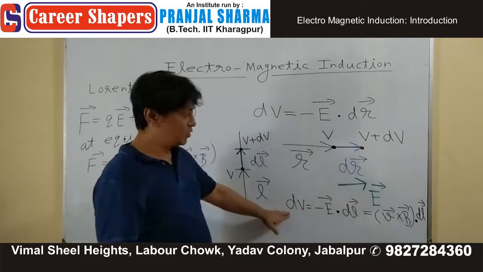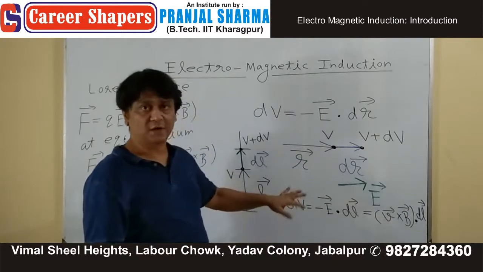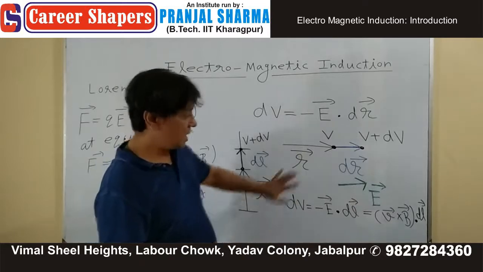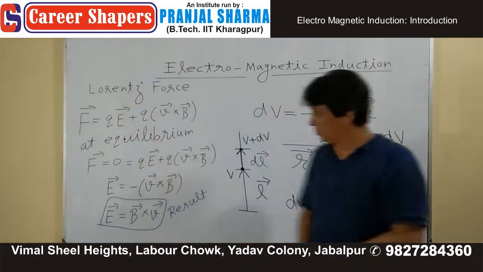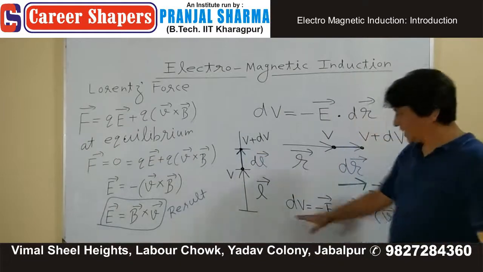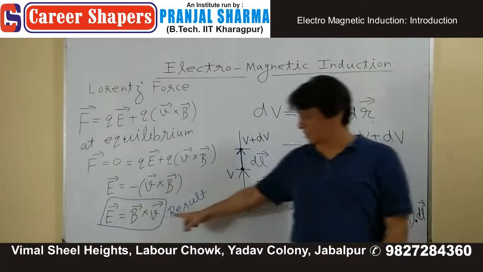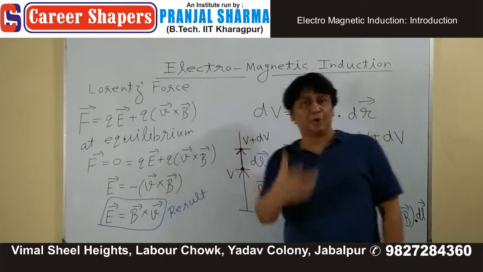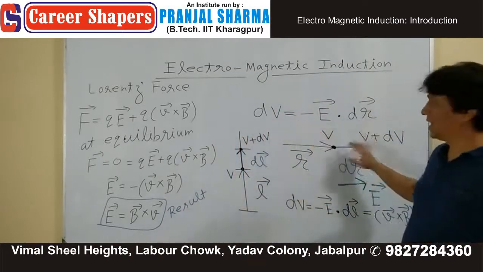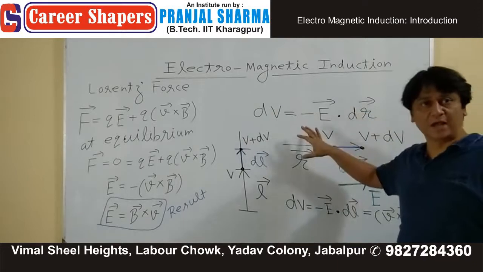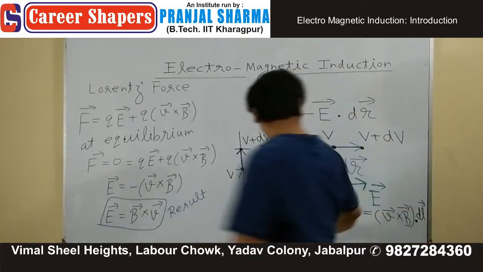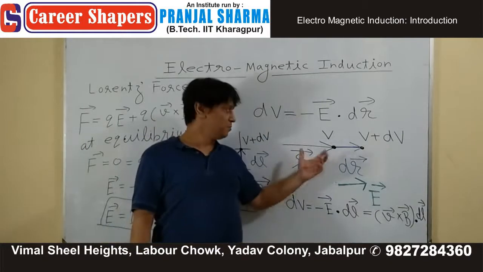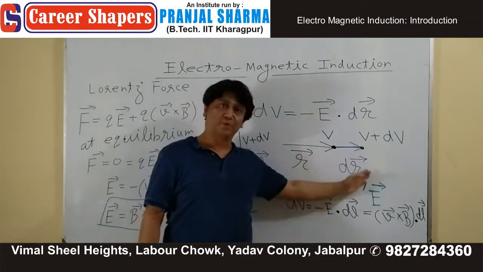This is what is called the vector form of induced EMF. I could have given you this dV straight away. I would have said, you remember dV as minus of E dot dr, replace dr with dl, and then I could have produced this. But I want you to remember the meaning of each and everything.